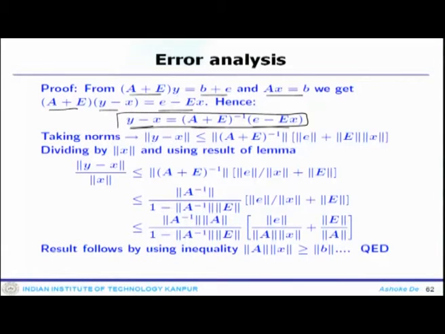Now, taking the norm of y minus x, the inequality says it is less than or equal to the norm of A plus E inverse, times the norm of epsilon plus the norm of E times the norm of x. Now, you divide that by the norm of x, so the inequality stands, and the complete expression is divided by x. If you do the algebra you can prove that this happens.